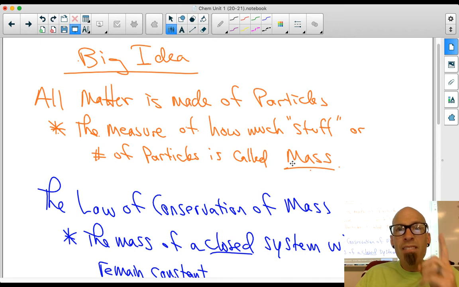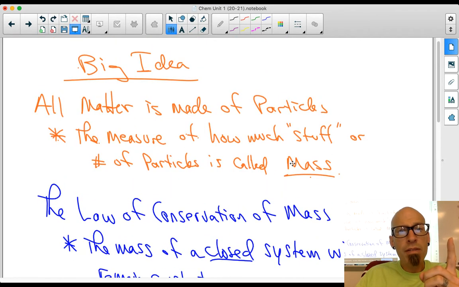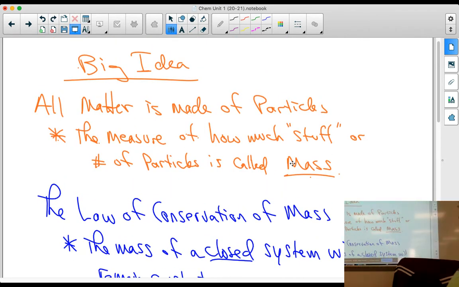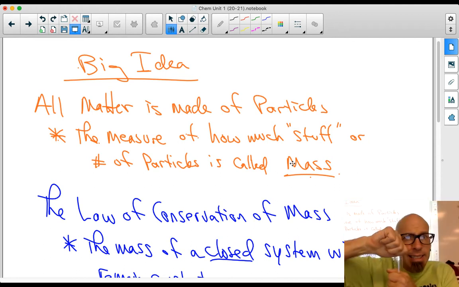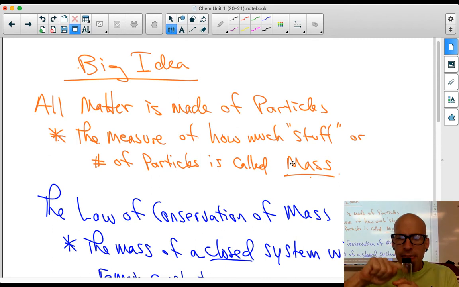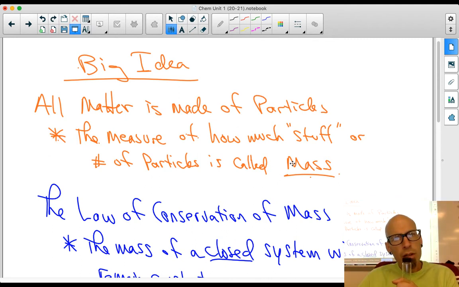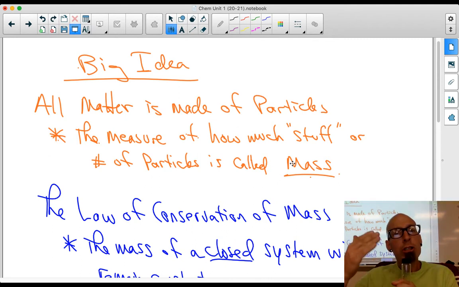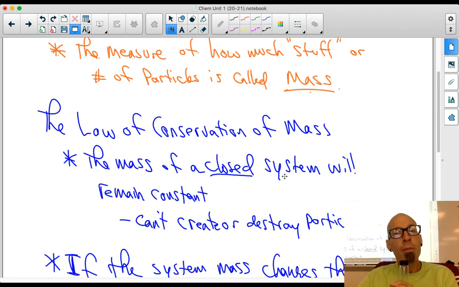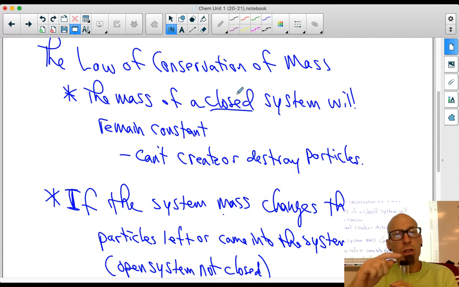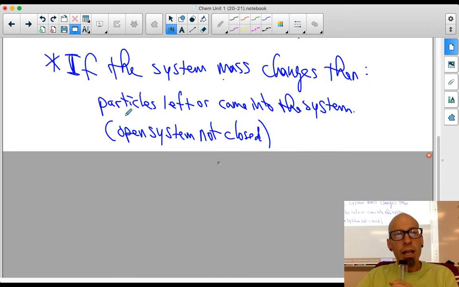So, by venting the vial, when I uncapped it, that gas got out, which means I lost some particles, which means I lost some mass. So I went from a closed system with the lid literally closed to an open system where I let the particles out, and then my mass changed.